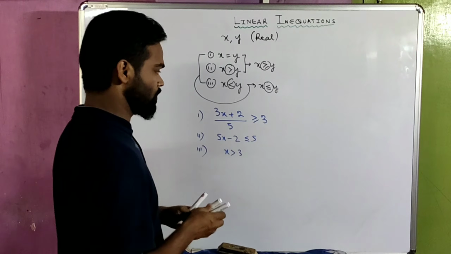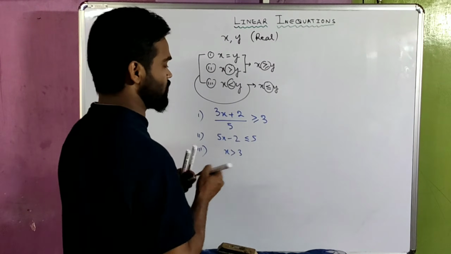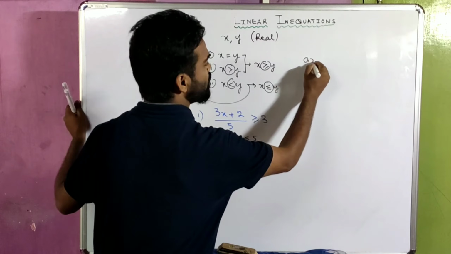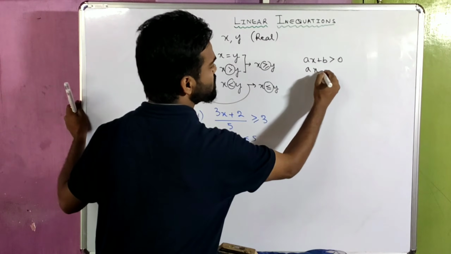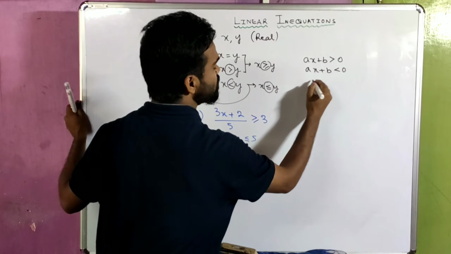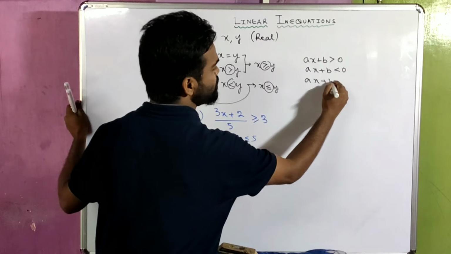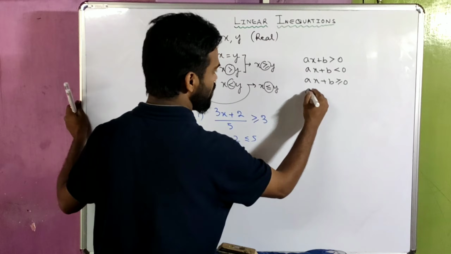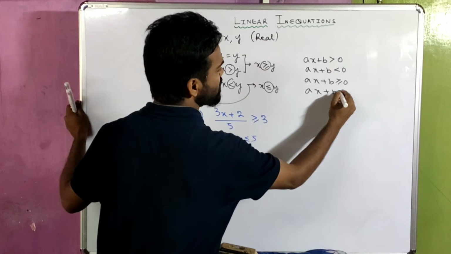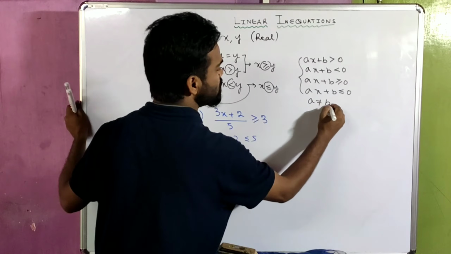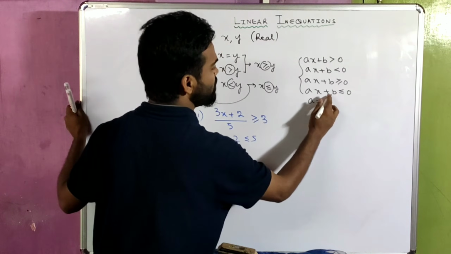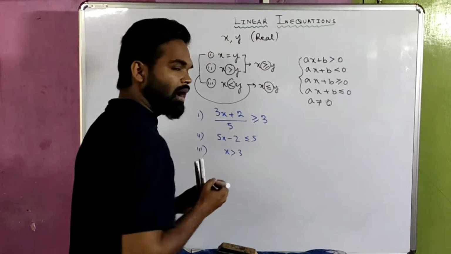So in general, we can write a linear inequation in the form of ax plus b greater than 0, or ax plus b less than 0, or ax plus b greater than or equal to 0, or ax plus b less than or equal to 0. Definitely a not equal to 0 and a, b belong to the real numbers.